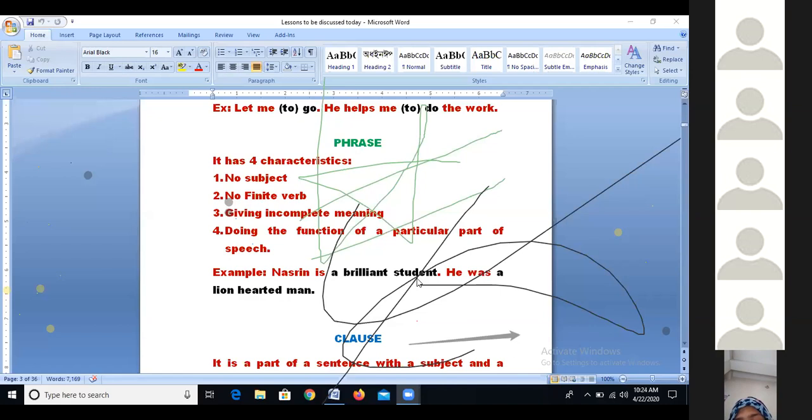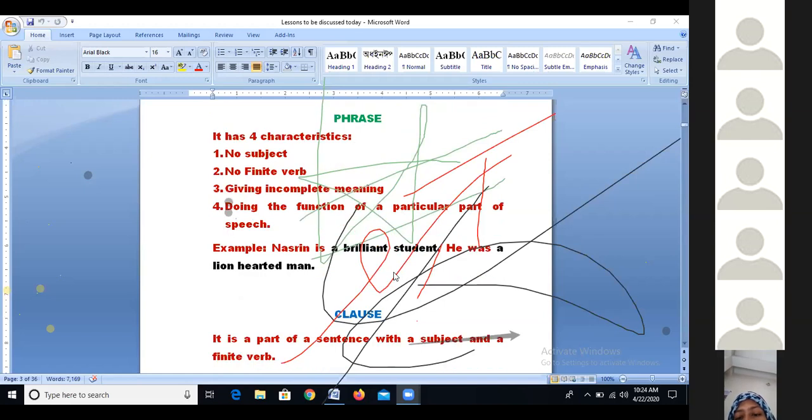And a brilliant student, it gives us incomplete meaning. If I utter this group of words, a brilliant student, then you may question me, who is a brilliant student? So it cannot give us complete meaning. And the last of all, this very group of words is doing the function of noun here.